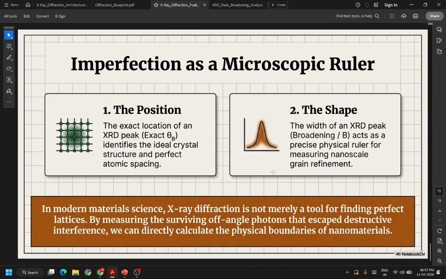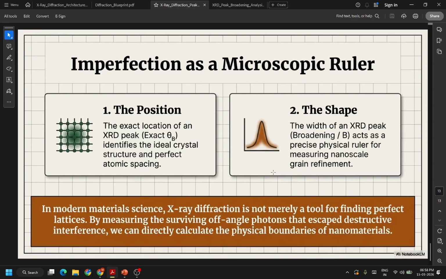So in XRD, the exact location of the peak, that is the theta value, gives us the crystal structure and atomic spacing, and the broadening of the peak, or the full width at half maximum, gives us the precise ruler for measuring the grain size at the nanoscale.